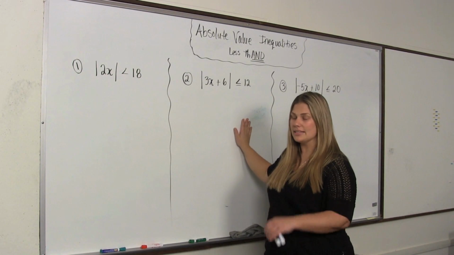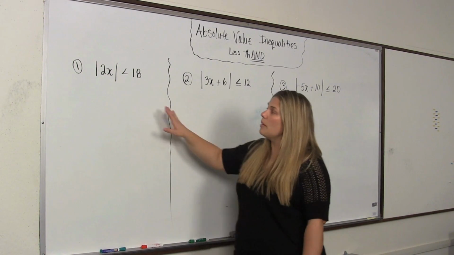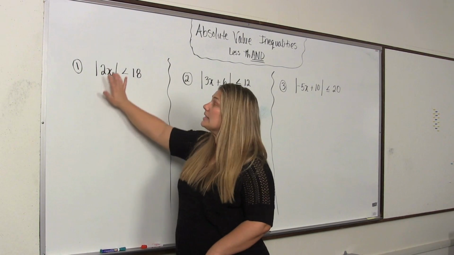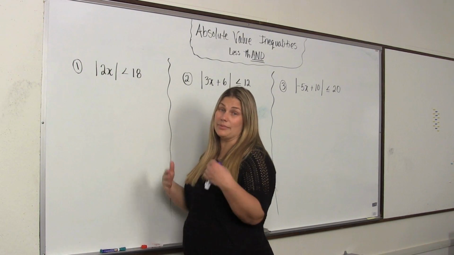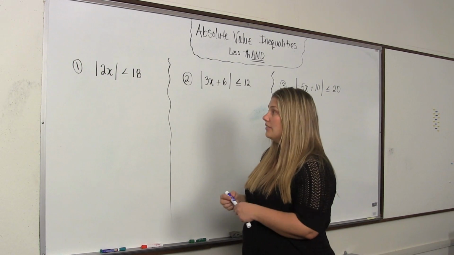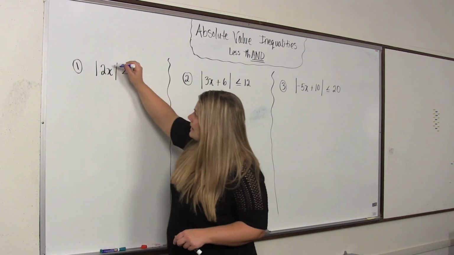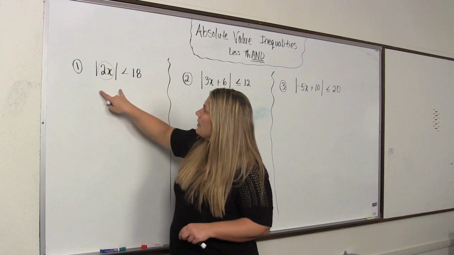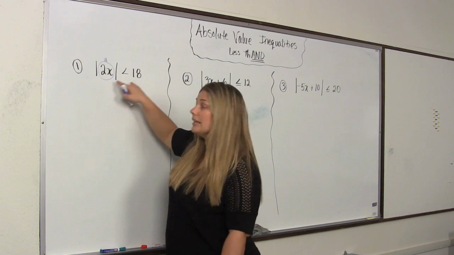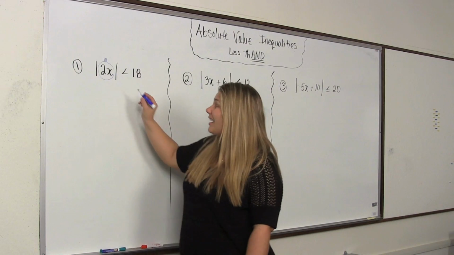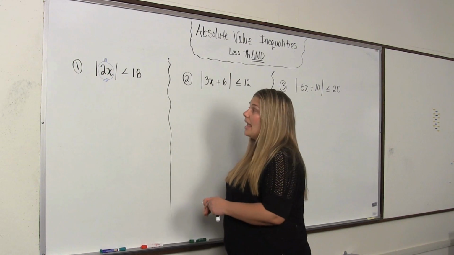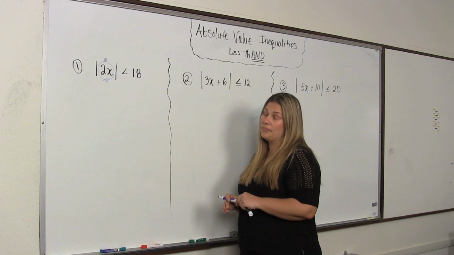So remember with absolute value, inside those absolute value bars, I can take the absolute value of a positive number, or I can take the absolute value of a negative number. So inside these absolute value bars, if I want the absolute value to get 18, I can take the absolute value of 18 and get 18. But I could also take the absolute value of negative 18, and I would still get 18.